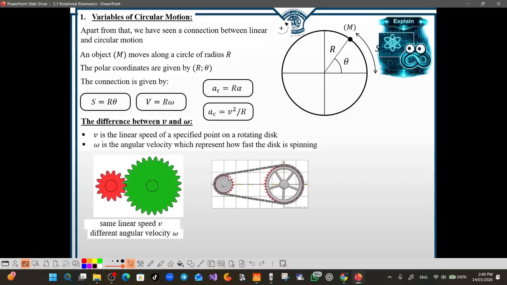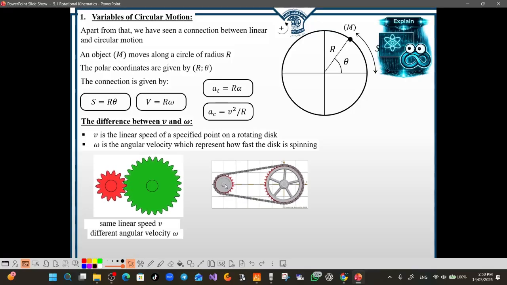Here also, the speed of spinning in the smaller gear is different from the speed of spinning in the bigger gear. The distance traveled associated with the belt during equal time intervals is the same for this gear and that gear, which means the linear speed is equal in both gears, but the spinning is different.